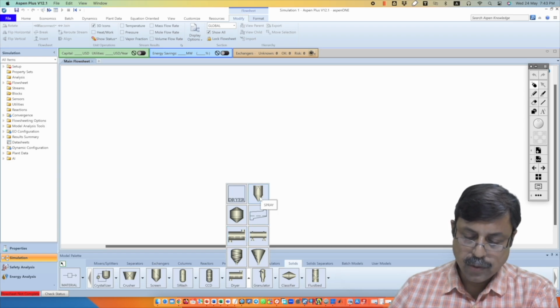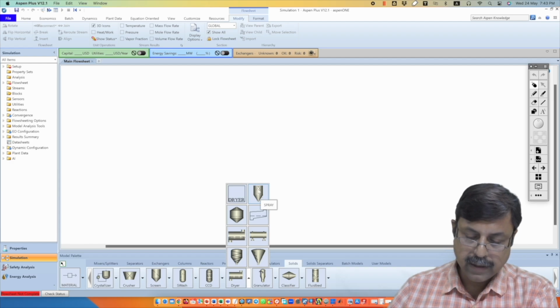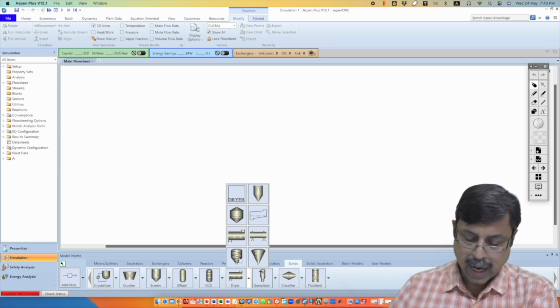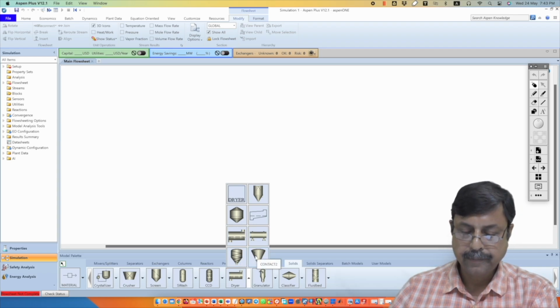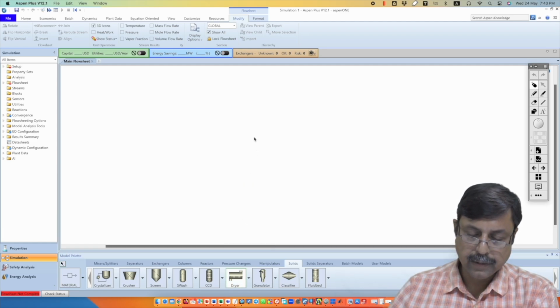Similarly, you can use this icon for spray dryer. You will find a small nozzle over there which is dispersing the liquid droplets. So this is the spray dryer icon. And these two icons are used for contact dryer. So let us choose this one.